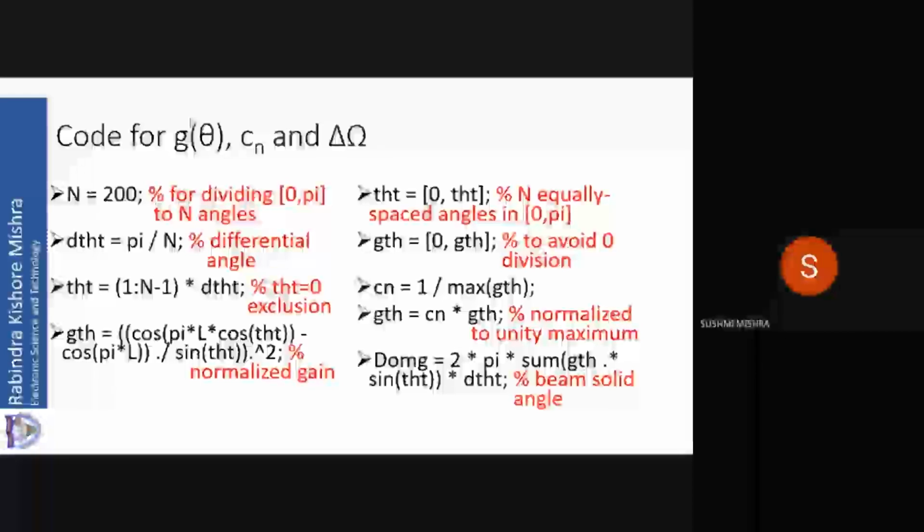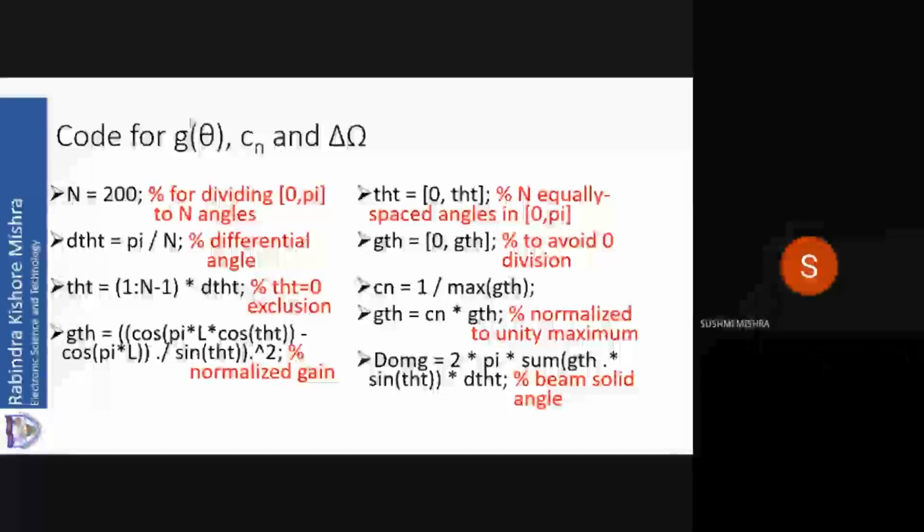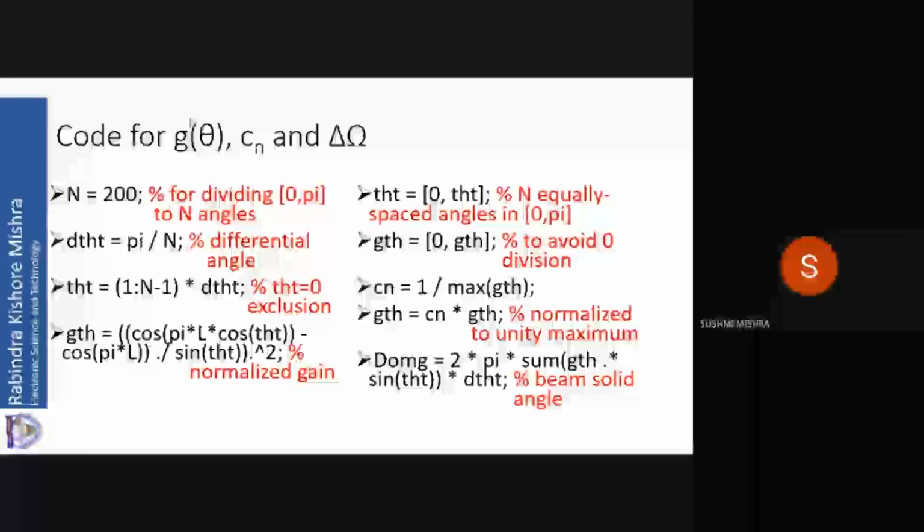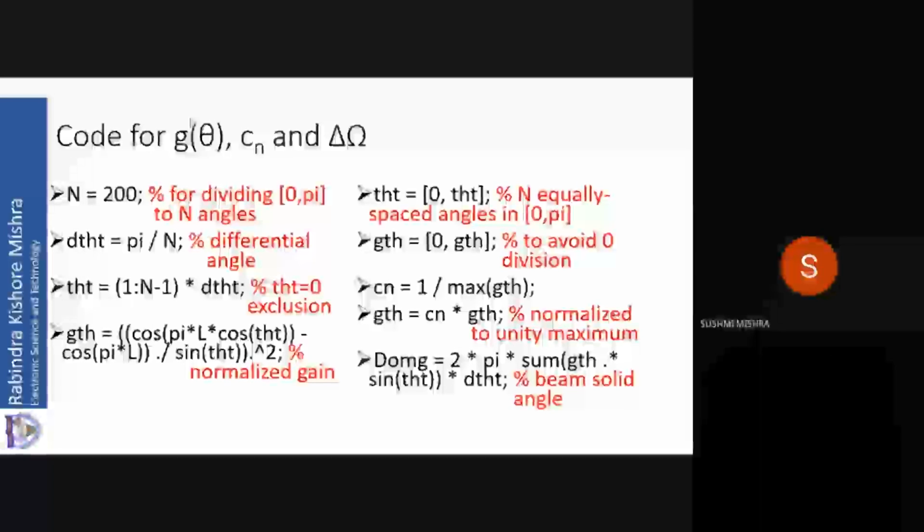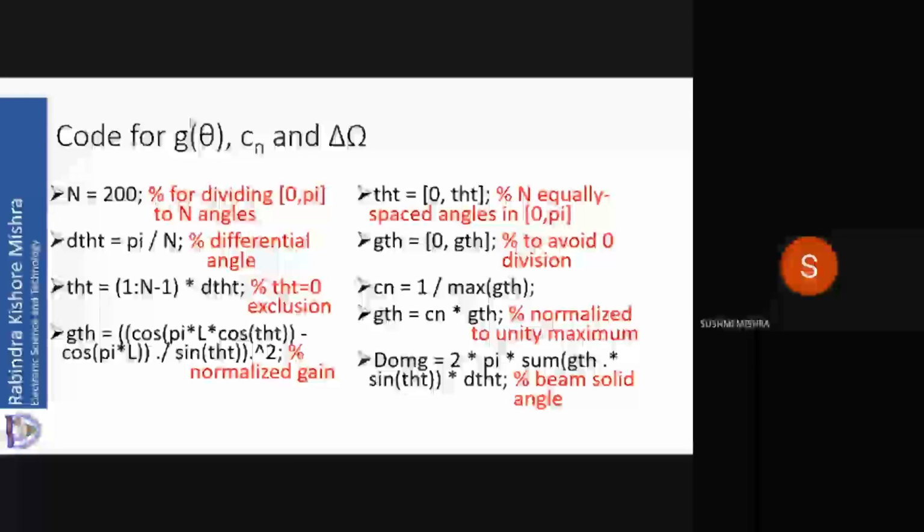I am preparing to divide the range 0 to pi. 0 to pi is the range for theta. You know, theta varies between 0 to pi. So I am preparing to divide the range between 0 to pi into n number of small angles.